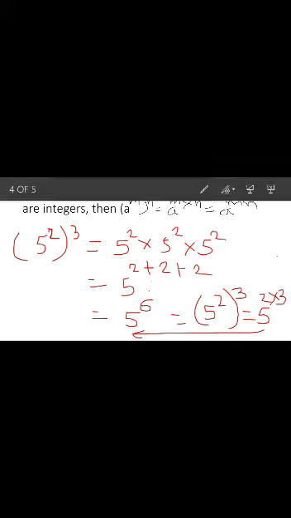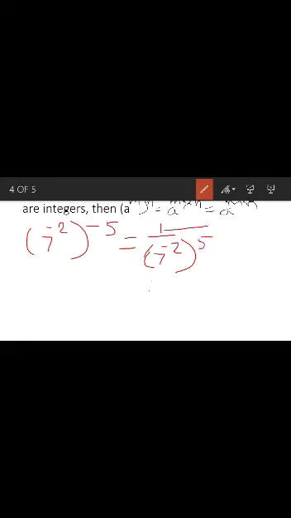Suppose the example is like this: 7 raised to minus 2, whole raised to minus 5. What will it come? Now students, we know that if a minus index is there, we need to write down its multiplicative inverse. 1 upon (7 raised to minus 2) raised to 5.